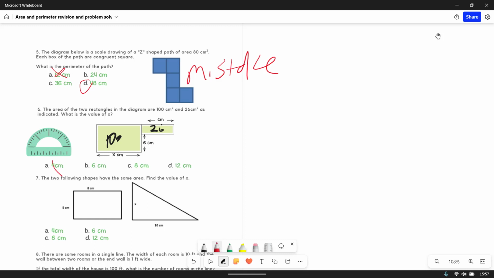It can't be this, 4 times 6 can't be that. You've got to have what times what makes an area of 100. So if it's D, 12 times, and this probably has to be 100 divided by 12 to give you this bit here. So it's probably 2.3 or something like that, and that will give you what x is. So it's probably D. That's the best way of doing that. So maybe a mistake, not sure. The answer is D, but it's basically through elimination.